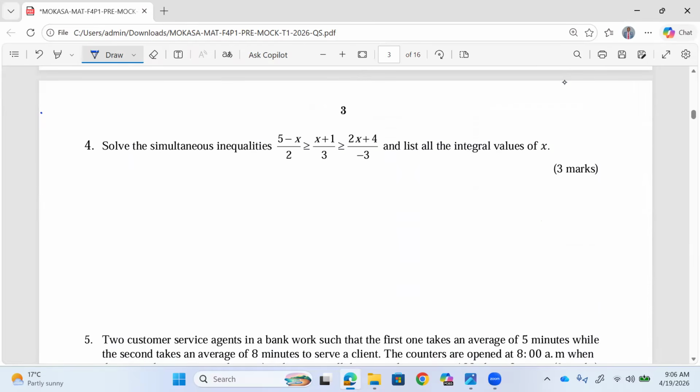Number 4, solve the simultaneous inequalities: (5 minus x) out of 2 greater than or equal to (x plus 1) out of 3 greater than or equal to (2x plus 4) out of negative 3, and list all the integral values of x. Of course, these are values of x that satisfy the inequalities.